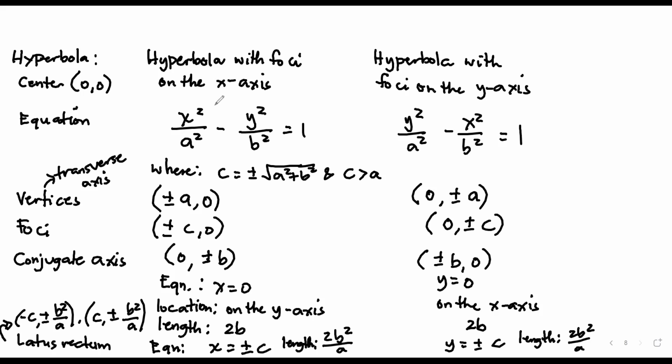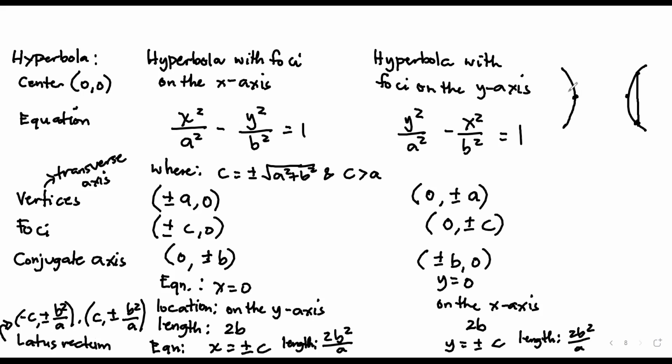Okay? Kung ang foci on the x-axis, that is the endpoints of lattice rectum. Kasi 'di ba, i-connect nyo ang vertex to lattice rectum, yung dalawang endpoints. Halimbawa, ito yung vertex, itong dalawang to. Meron pa sa kabila.